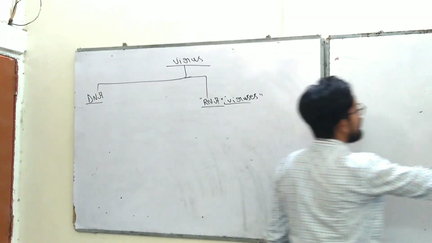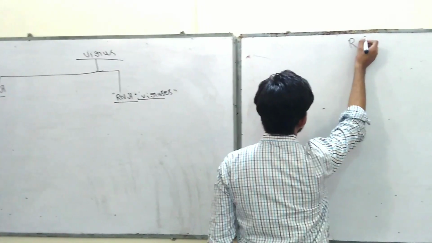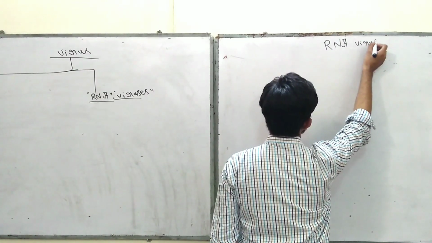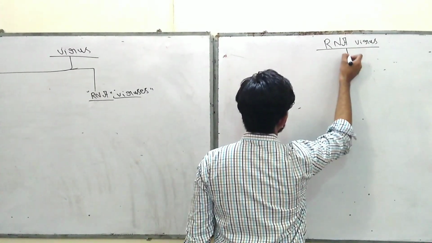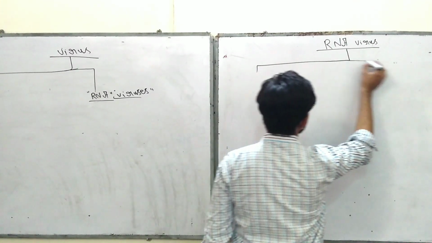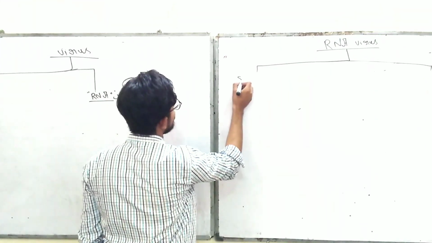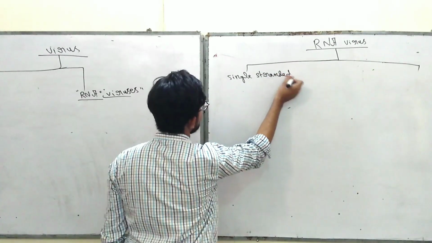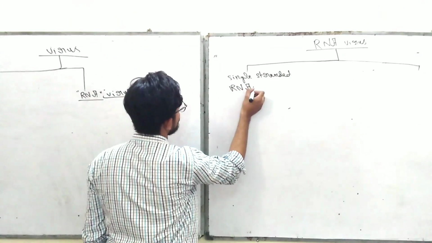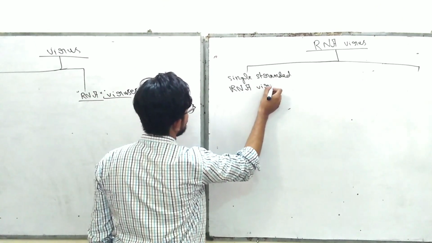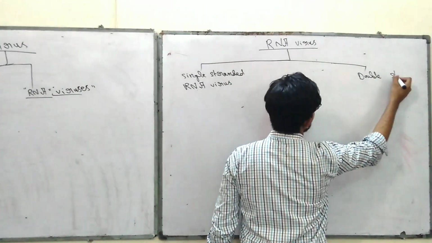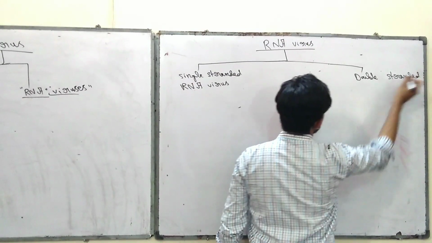So here I am going to draw RNA virus. First of all, RNA viruses are divided into single-stranded RNA virus, and the second one is double-stranded RNA virus.